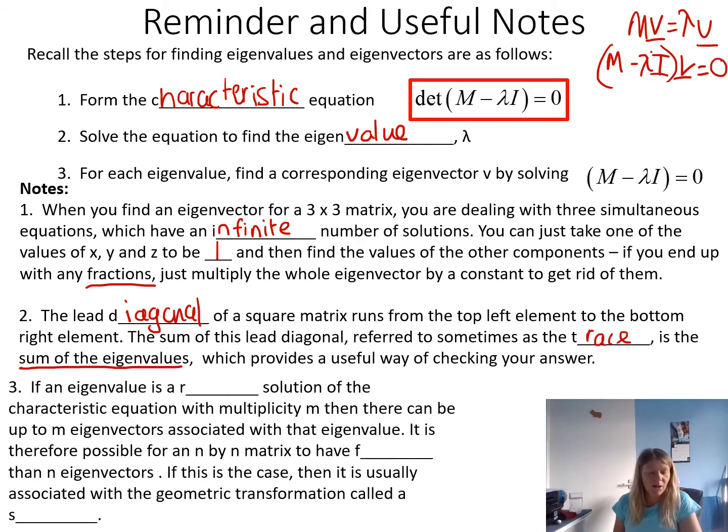If an eigenvalue is a repeated solution of the characteristic equation with multiplicity m, then there can be up to m eigenvectors associated with the eigenvalue.